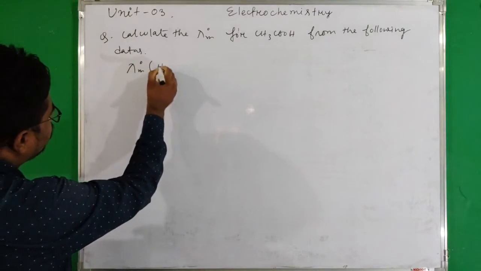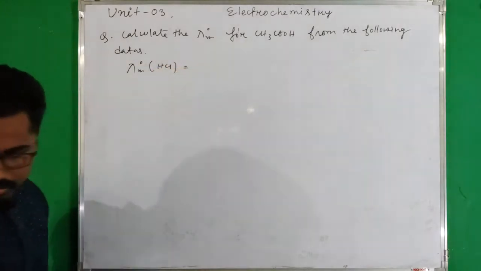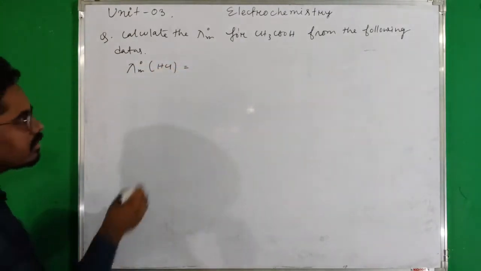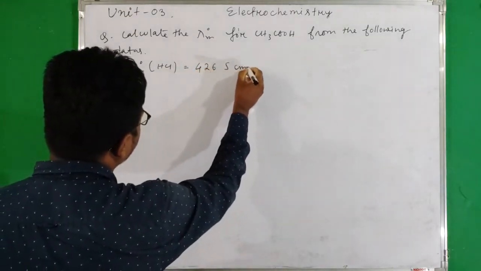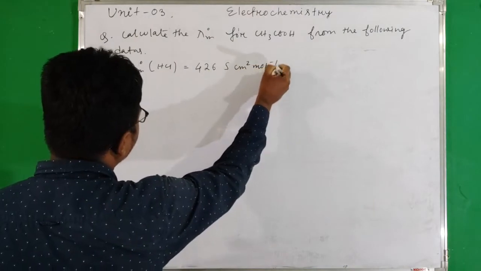Given that lambda m naught for HCl is equal to 426 Siemens centimeter square per mole.